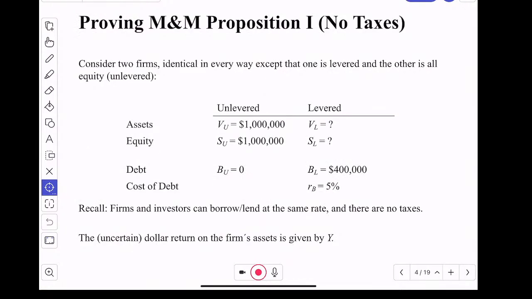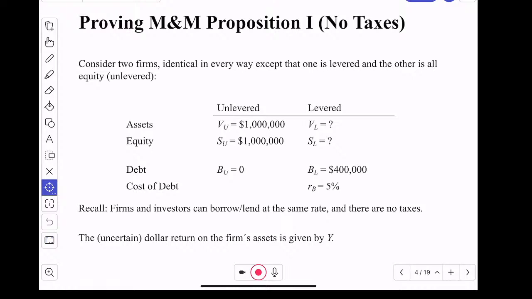All right, so here is the lay of the land. Consider two firms identical in every way except that one is levered and the other is all equity. So this is the all equity firm where the value is $1 million, and that's equivalent to shareholder equity, no debt.